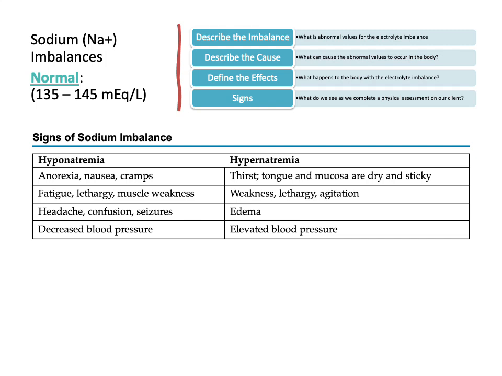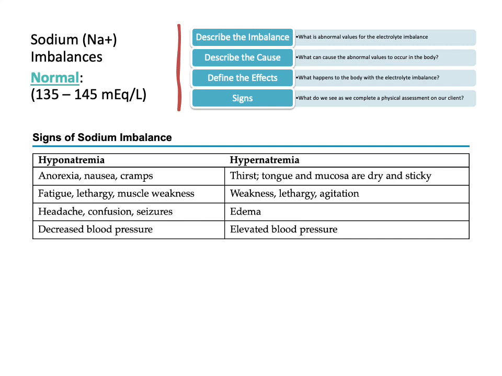Watery diarrhea, prolonged periods of rapid respirations can cause hypernatremia. Even the loss of the thirst mechanism. Sometimes individuals that have brain damage, that hypothalamus that helps trigger those osmoreceptors, when that's damaged, you can have the loss of your thirst mechanism. So you just are hypernatremic simply because you don't know when to drink.